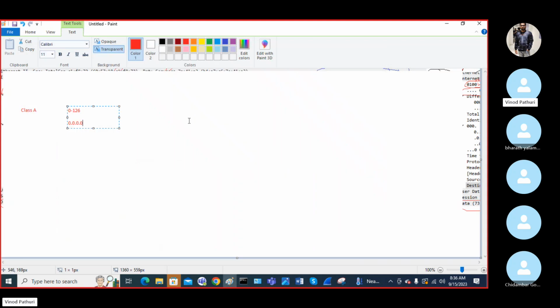Or in some cases, if you don't know where this host is, you will receive it from the internet. That is also called the default. So we will never use the zero network also. We will start from 1 to 126. So 1 is your network, and 0 represents your host.